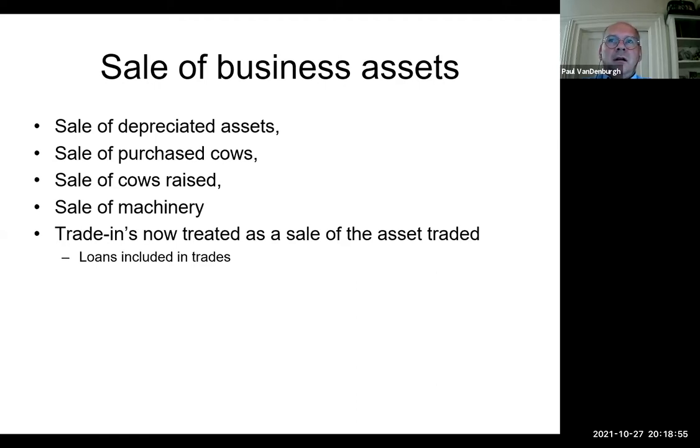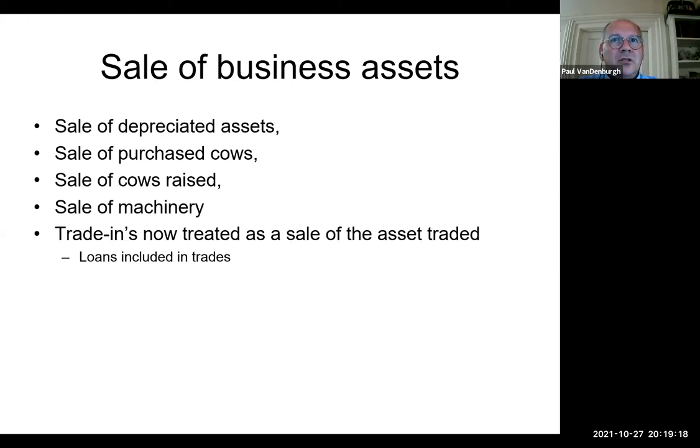Why do we get all bundled up about raised cows versus purchased cows? Because the sale of raised cows held over 2 years of age results in long-term capital gain treatment. That could be taxed at 0. That's pretty cool.